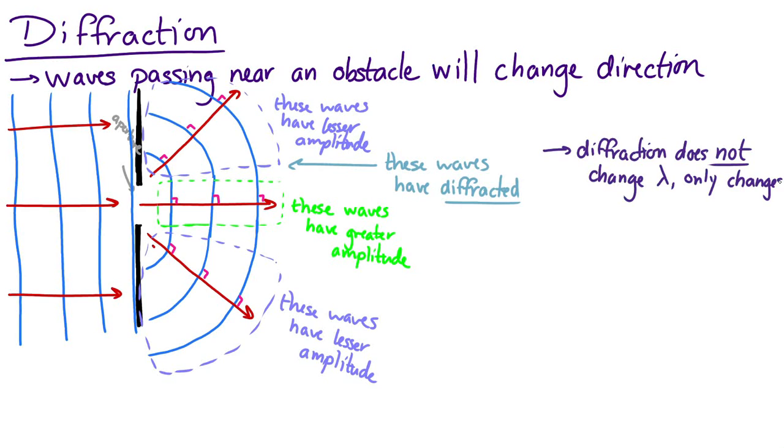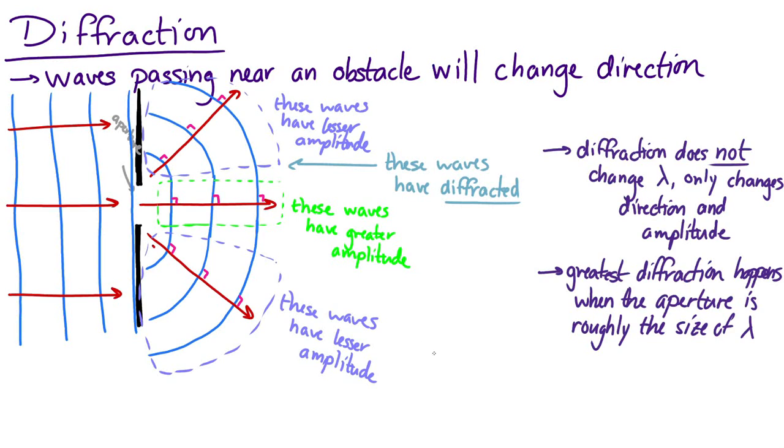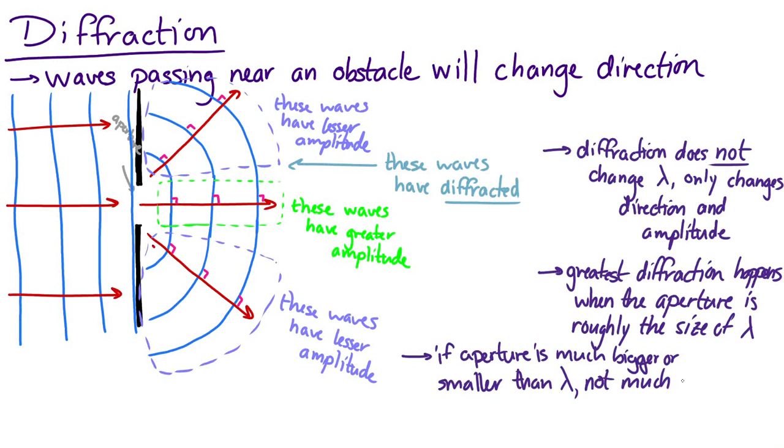And the biggest effect is when the aperture or the opening is roughly the size of a wavelength. If the aperture is much larger than a wavelength, we won't see much diffraction. If the aperture is much smaller than a wavelength, we also won't see much diffraction. But then again, if it's such a small aperture, we wouldn't get much wave passing through it anyway.